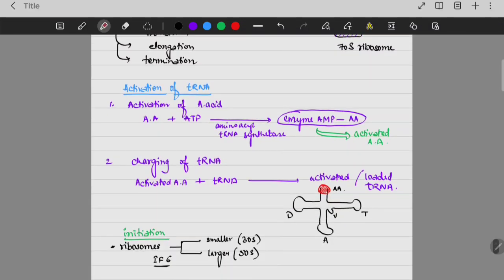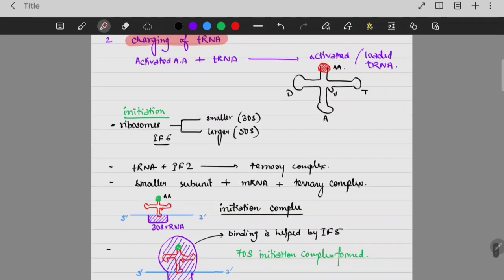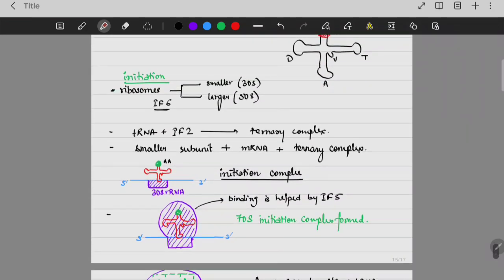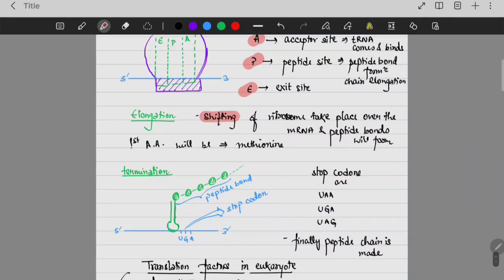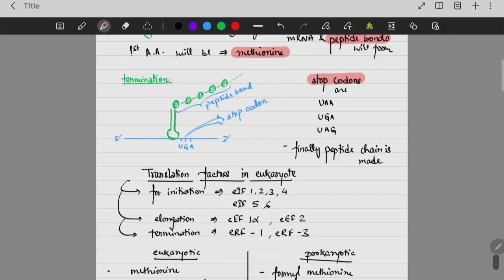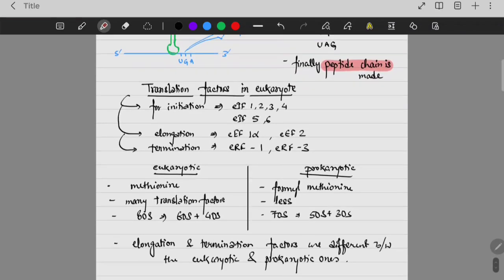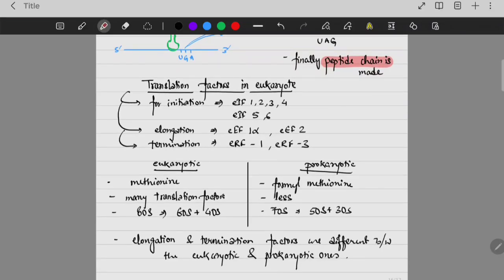In activation of tRNA there is activation of amino acid and charging of tRNA. Then initiation takes place, with initiation complex formation, and this complex has 3 sites, A, P and E. In elongation, shifting of ribosomes takes place and the peptide bond forms. The first amino acid will be methionine. In termination, these stop codons are these three, and finally the peptide chain is formed. Now the translation factors in eukaryotes are these.